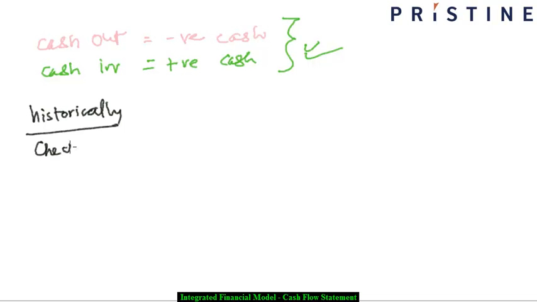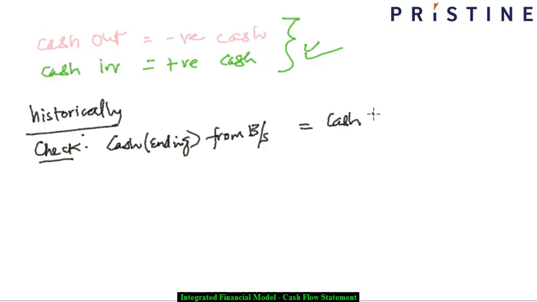So if I say historically, I can put a check. Okay, just like we checked and we found out that there is an error that we were making in our calculations. What we need to check is that my cash ending from the balance sheet should be equal to the cash ending in the cash flow statement.